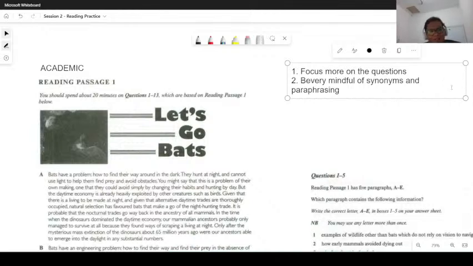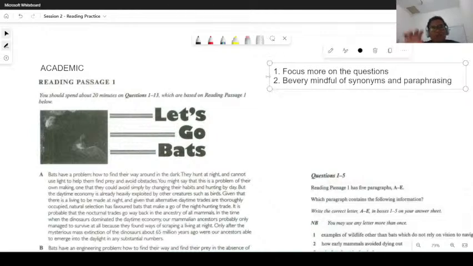They like to play around with keywords. They like to trap you into thinking that the answer might be somewhere along this line because you see familiar or similar words that are also used in the question. So you get easily trapped by those kinds of tricks. So be very mindful of synonyms and paraphrasing.